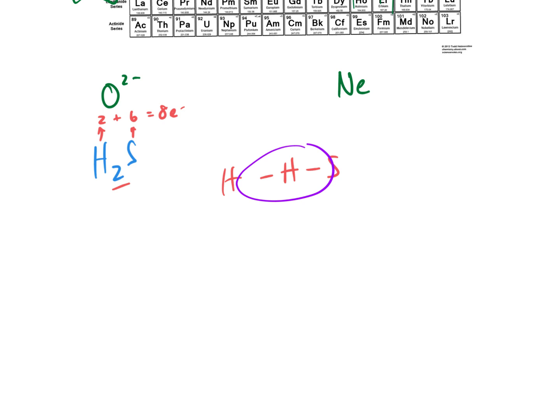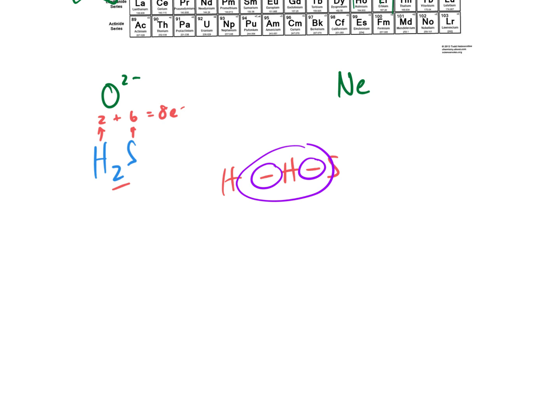How many electrons does hydrogen have around it? There's two pairs of electrons around that hydrogen. And each bond is 2 electrons, right? And so, well, can that happen?